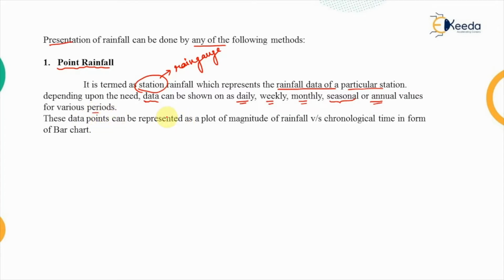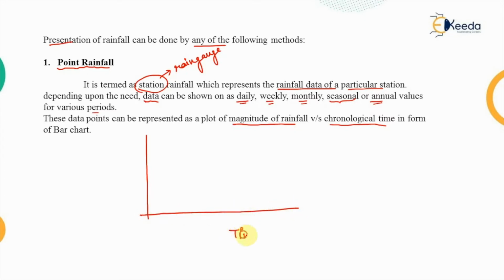Now these data points that we collect through point rainfall are represented with a plot of magnitude of the rainfall versus chronological time in the form of a bar chart. So let's say this is the y-axis and this is the x-axis.